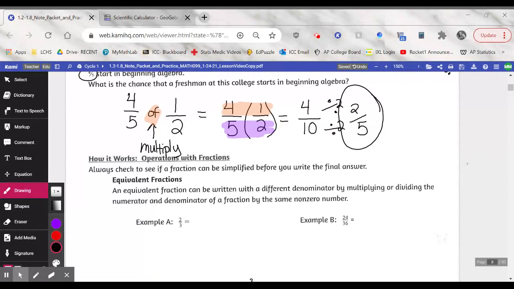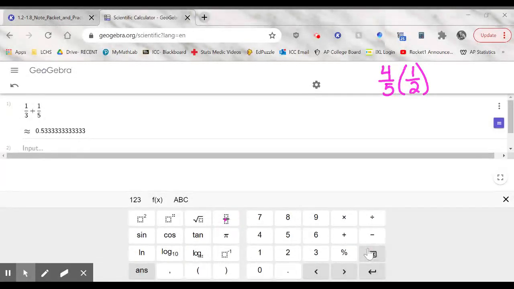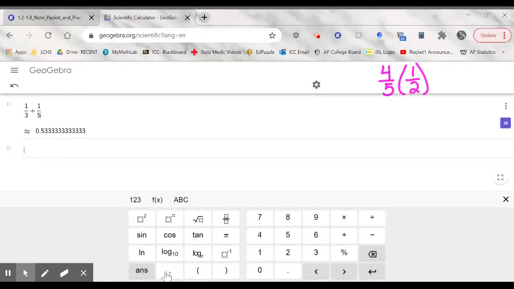If you wanted to do this one in the calculator, 4 over 5 times 1 over 2. So using a calculator, I would press my fraction button when I went to input the, whoops, it still has it set on that one. All right, so I'm going to use the fraction button, and I'm going to type in 4 over 5.